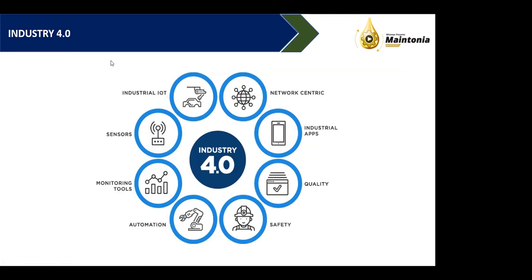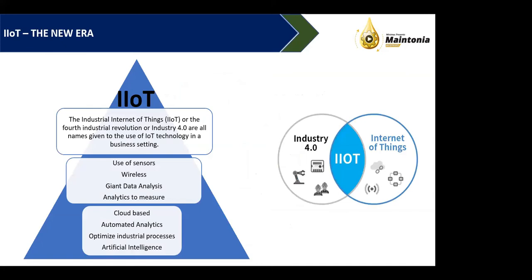So industrial IoT is IIoT. That I is for industrial, and Internet of Things is IoT. That is a very common word nowadays. Next slide, please. Yes, this is the picture of IIoT.